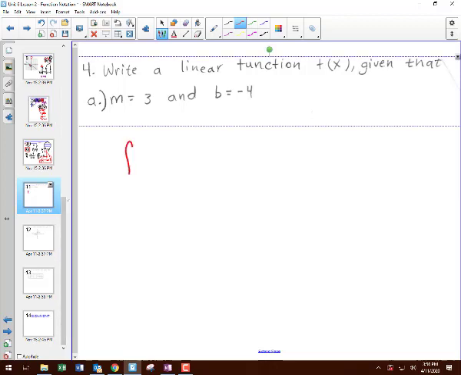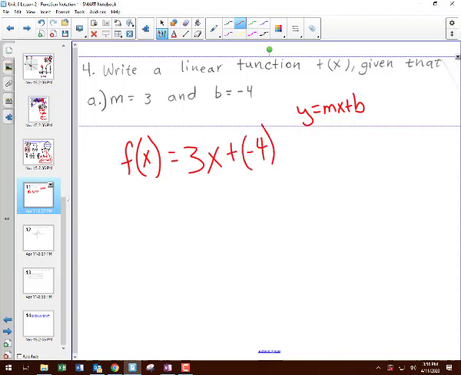So f of x, we're still referring back to the y equals mx plus b stuff. m is going to be 3, with our x right behind it, plus negative 4. You could also write that f of x is equal to 3x minus 4. Same thing there. Free answers, I'm giving them out.